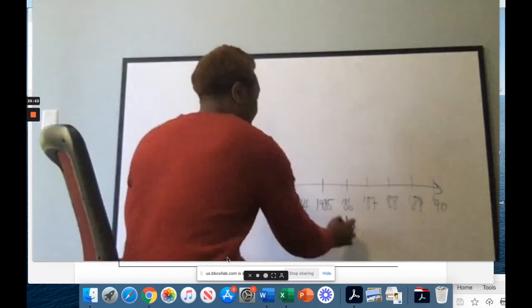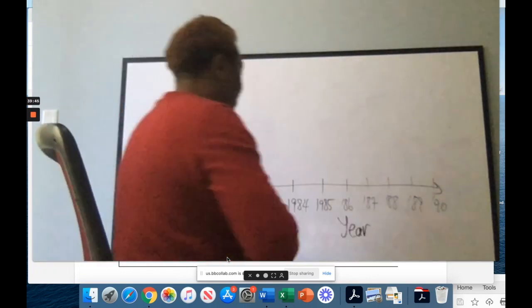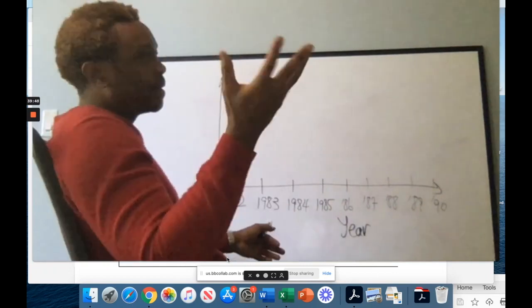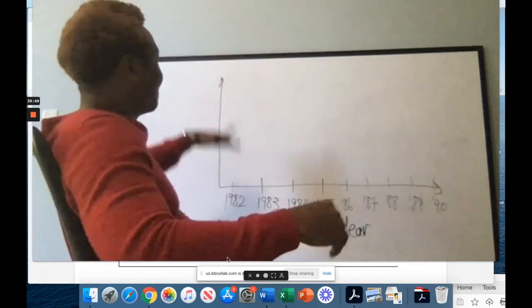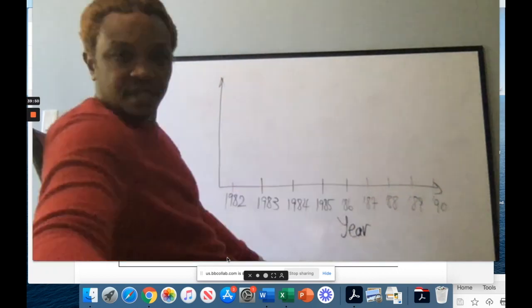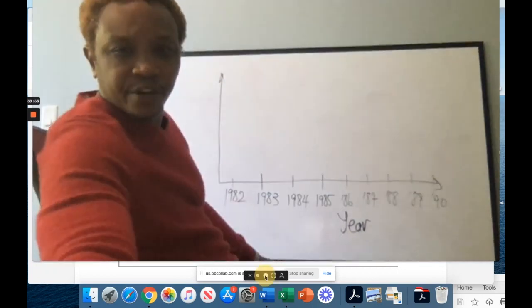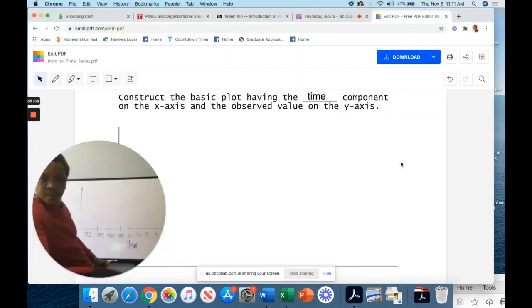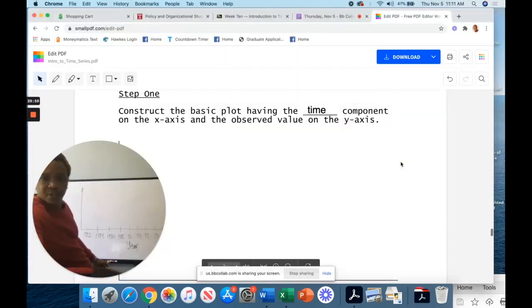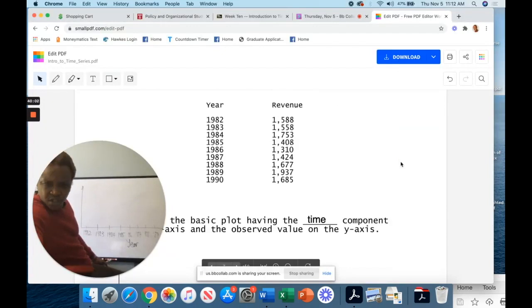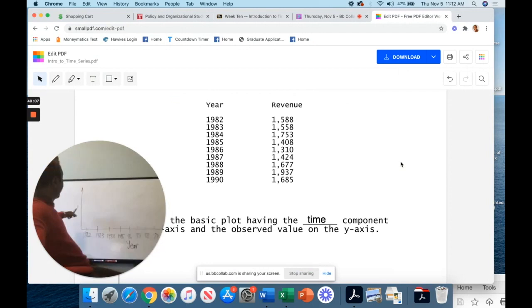Now what we need to do is put the corresponding values on here. Look at all of the data. What is the smallest value that we have? Because I want to look at the range. I guess 1310, and the highest is 1937. It's going to help me figure out where to put these.